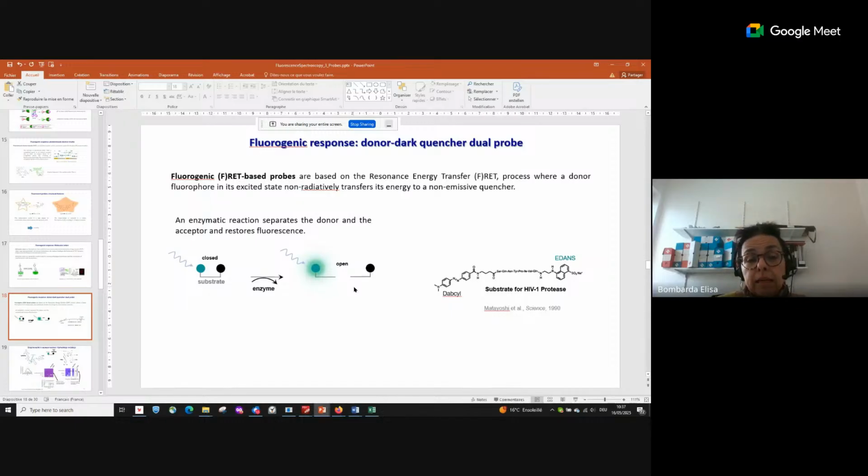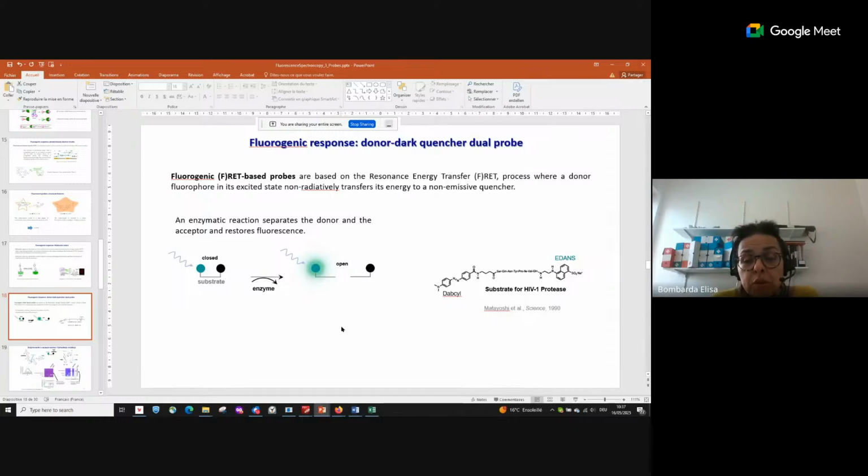In the biochemical process, this enzymatic reaction occurs in the so-called active site of an enzyme, which is normally like a pocket of the enzyme.